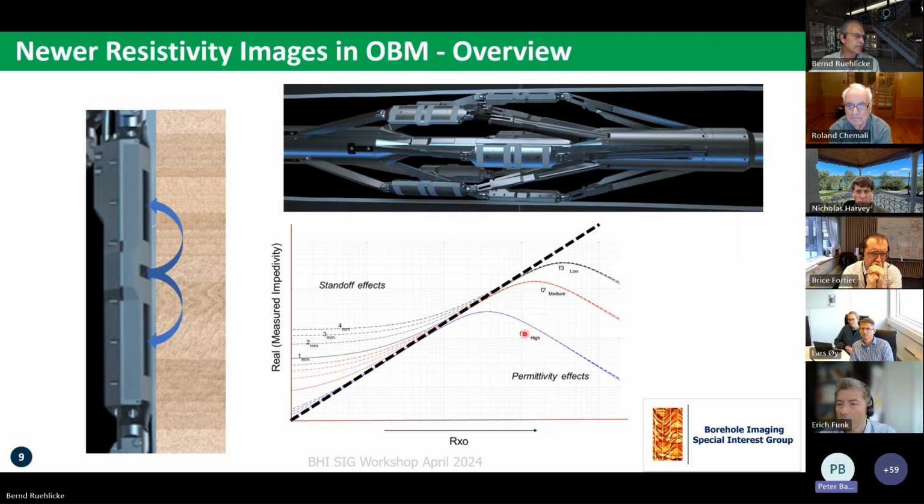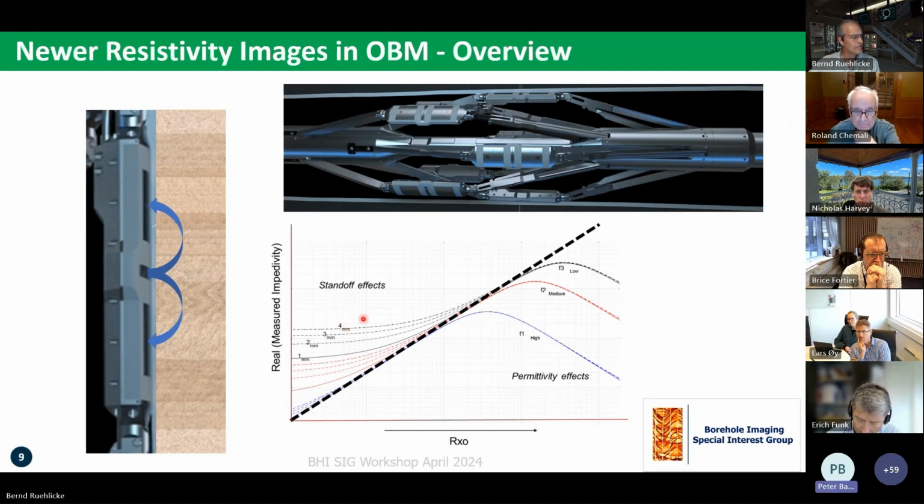The lower frequencies work better in high resistivities, and the higher frequencies work better in lower resistivities. But the problem with the lower frequencies is they're more affected by standoff at low resistivities. As we can see here, the black line shows that with just 4 millimeters of standoff, we've lost all the dynamic range in the signal.